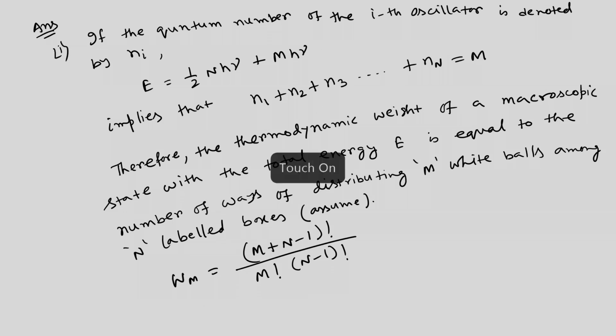Now, second part we will discuss now. Now, S is entropy, S is KB ln Wm, right, that we know.